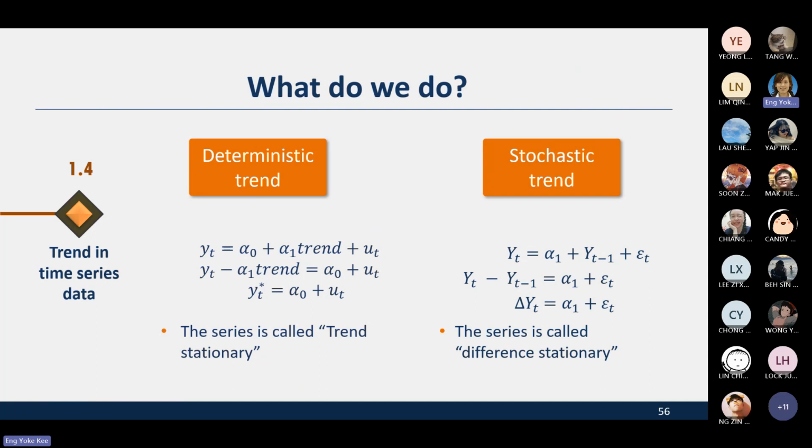You have to remove the trend. Trend is just like cancer. You have to remove the cancer from your data. So how do you remove it? Depending on how you model it. If your data has a deterministic trend, how do you remove it? You detrend it. So this is your deterministic trend model.